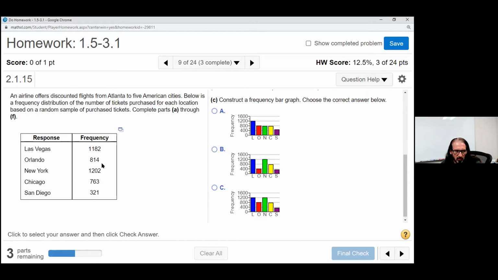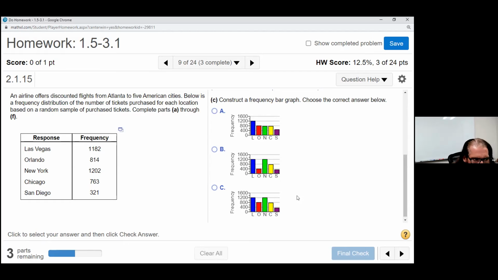A frequency bar graph. We've got apparently 3 choices. Notice how they've abbreviated Las Vegas, Orlando, New York, Chicago, and San Diego. We should see, because from Las Vegas to Orlando, it went down, but then from Orlando to New York, it went back up. In fact, it goes back up higher than what we had for Las Vegas.